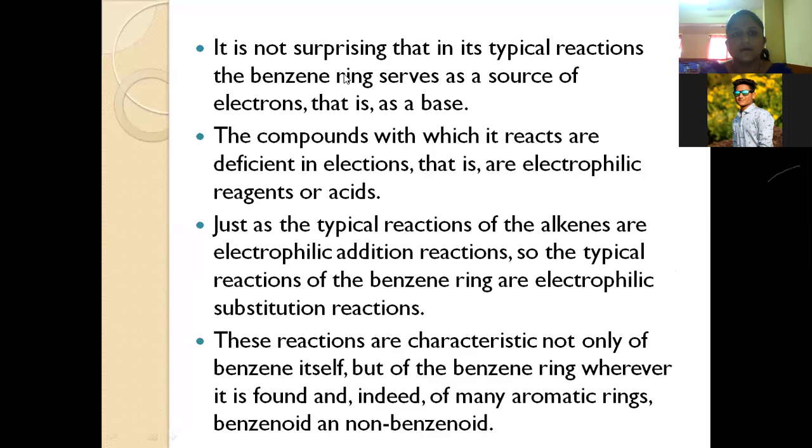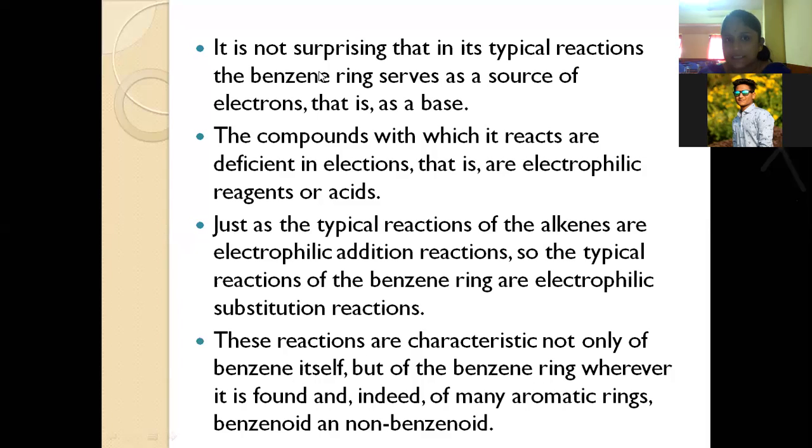Now, it is not surprising that in its typical reactions, the benzene ring serves as a source of electrons. Already we know that benzene is conjugated, containing 3 double bonds, that means 6 pi electrons. All the p orbitals of the carbon atoms have one electron each.